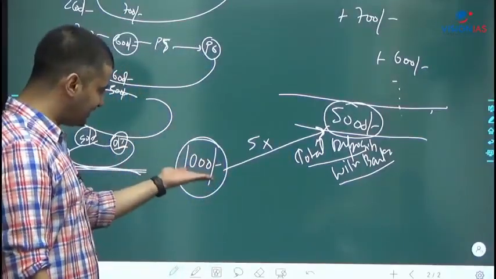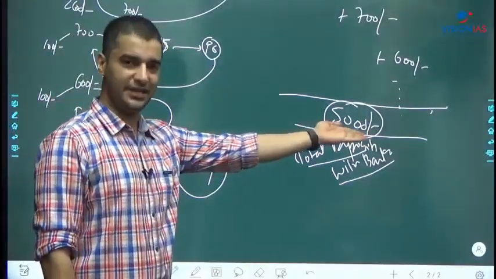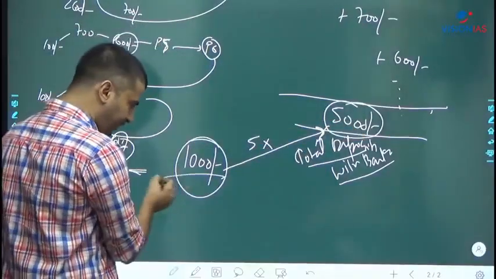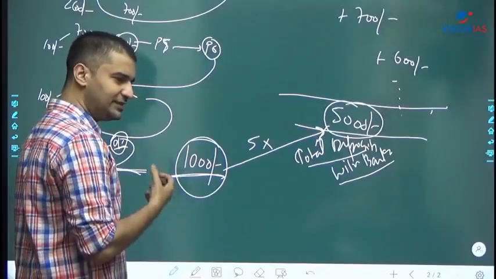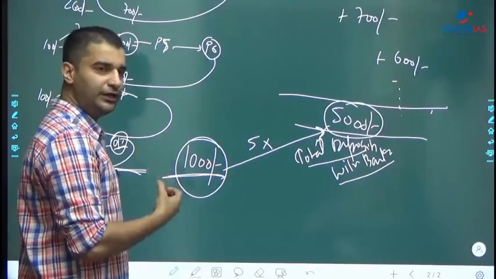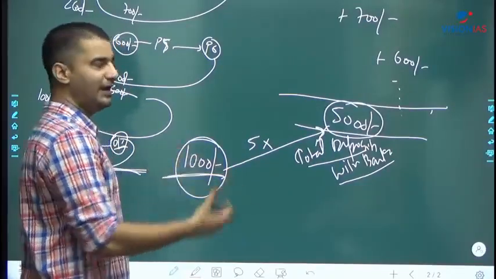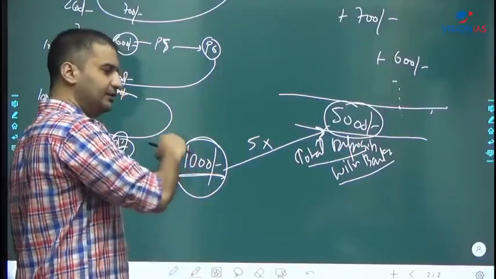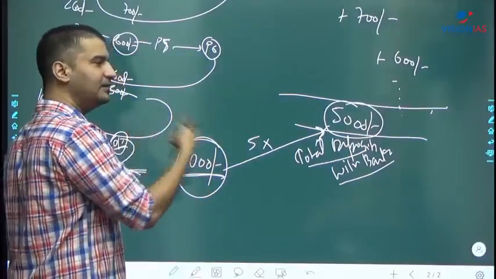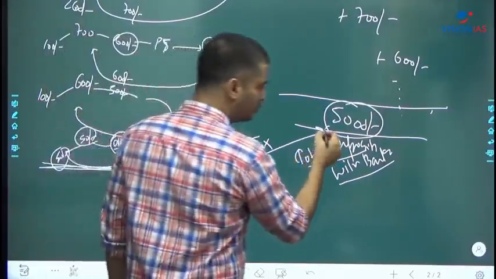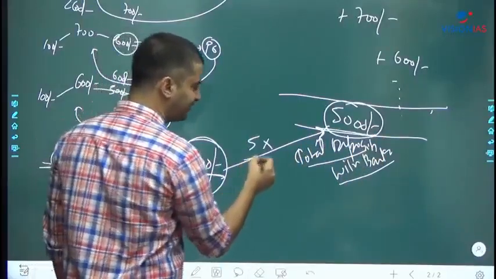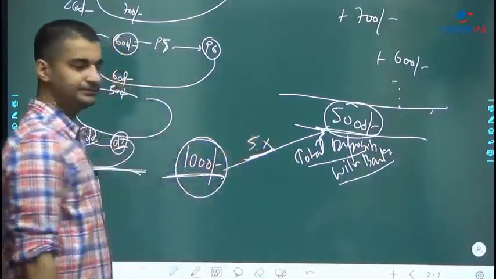This was the seed and this is the tree. 1,000 rupees was the initial seed money that was put in the economy by RBI, and the banking system has increased that initial amount of money to 5,000. That is 5 times the initial money.